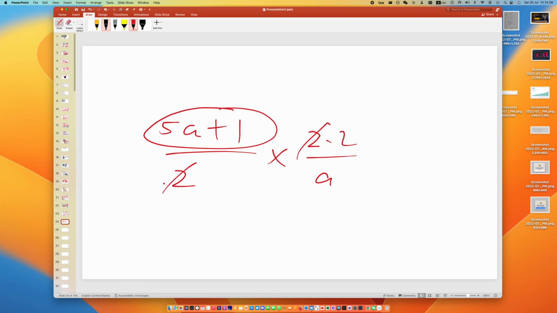So that's the only way. And then after that, you just have 2 times the bracket, and then 2a left. Yeah, that's it. This one done.